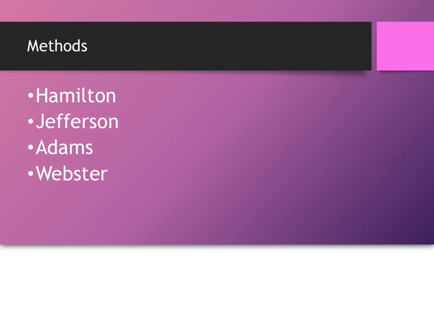Now, if you notice, these are all names of well-known figures in American history. Each of these has a different method, and each has particular disadvantages and advantages. We're going to look at all of those kinds of things together in the next few sections.